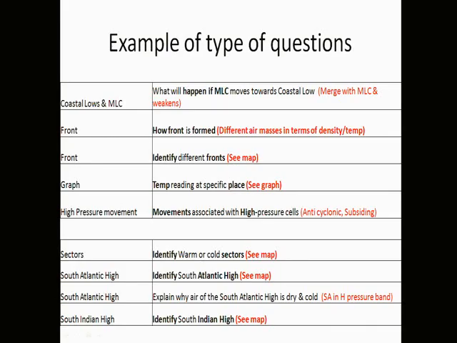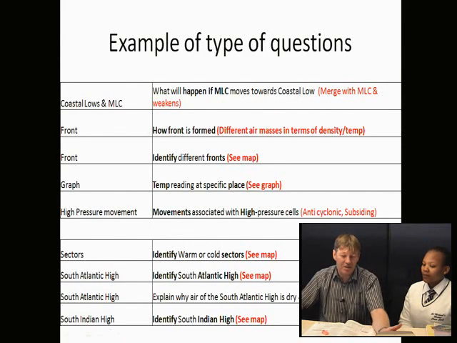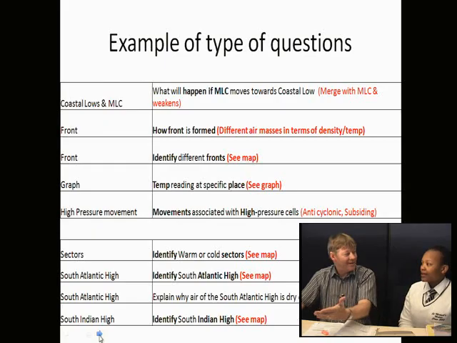And remember, high pressure means it is subsiding air, that means it is dry, and because of the fact that we are situated roughly between 22 and 35 degrees south, it also means that we've got relatively cold conditions in southern Africa during winter months. And then identify the South Indian high. That is so easy. You just need to look at the map and you find that along the east coast.